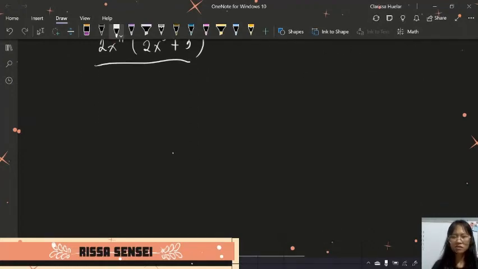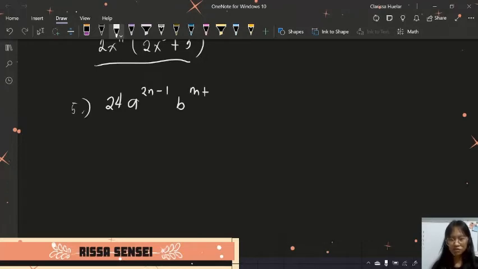And lastly, number 5. Ito medyo mahirap. Hindi, mahirap lang tingnan kasi mahaba. It's 24a raised to 2n minus 1 b raised to m plus 2 minus 54a raised to n plus 3 b raised to 3m minus 1. So let's apply the laws of exponent.